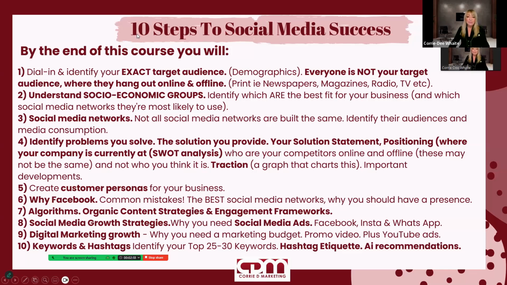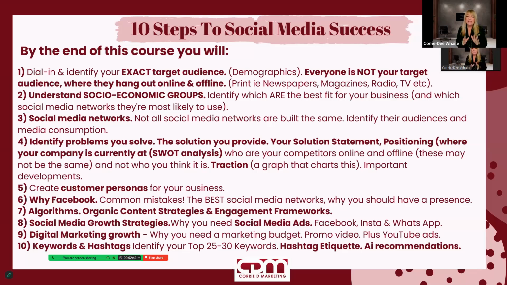So here's an overview of what we're going to be looking at in the 10 modules. So it's 10 easy steps to social media success. By the end of this course, you will be able to dial in and identify your exact target audience. And a lot of people don't realise how important this is. So like I said, we're looking at age, sex, location, earnings.